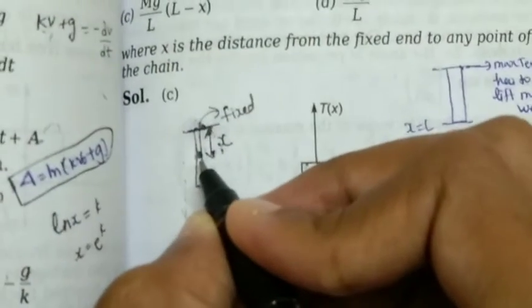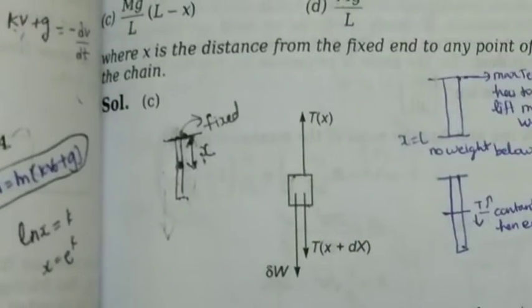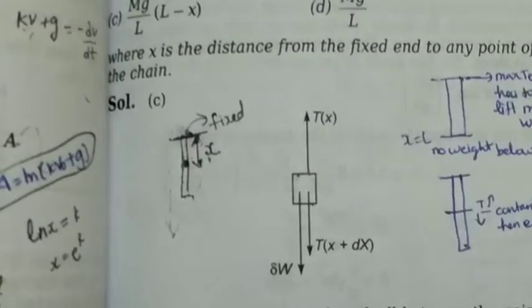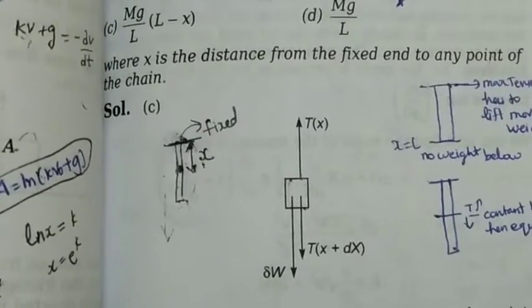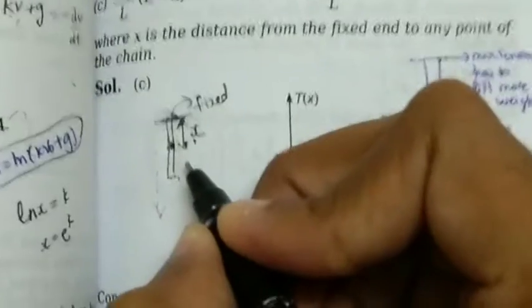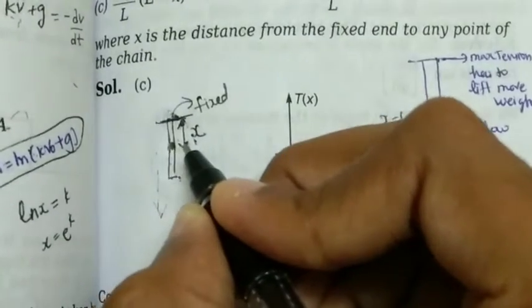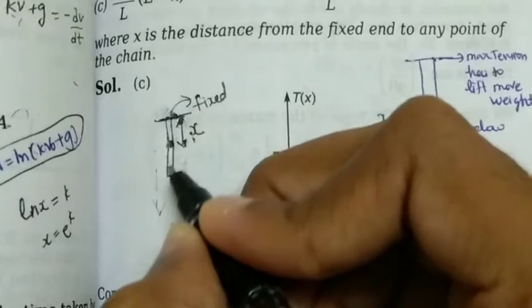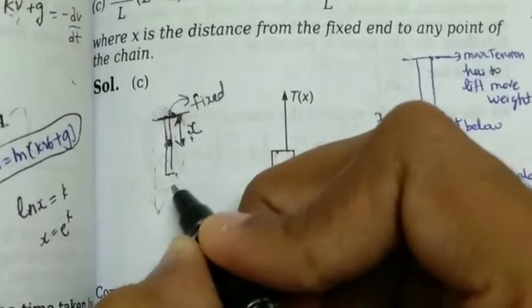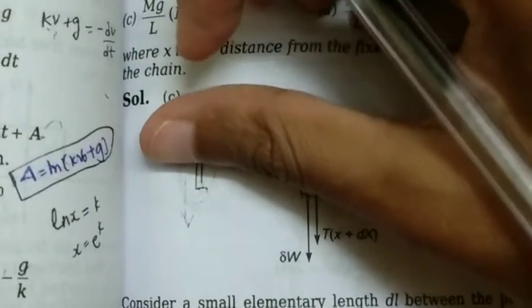If this is the rope, and we consider this point, this point has to hold the mass of this entire rope which is below it.